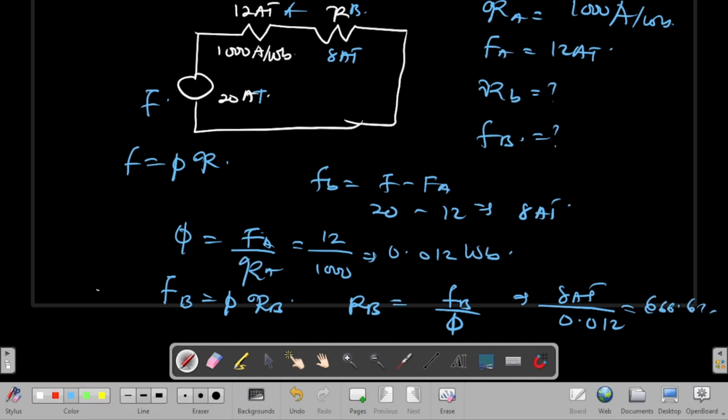So enter this into the calculator. So you have a fraction of 8 out of 0.012. That's 666.67, right? This should give us what? Ampere turns per Weber, as simple as that.